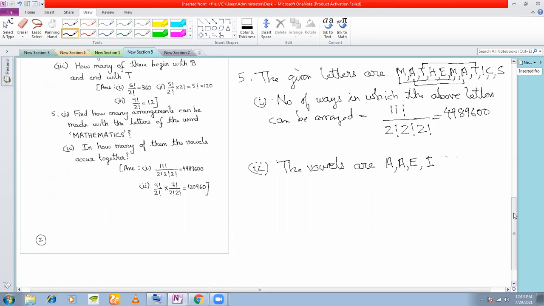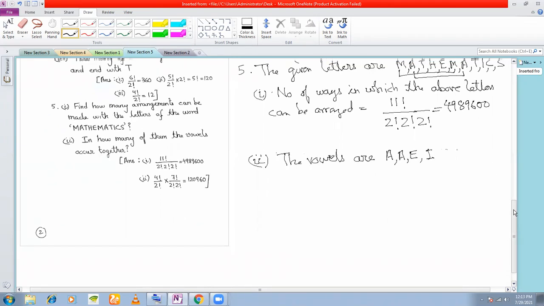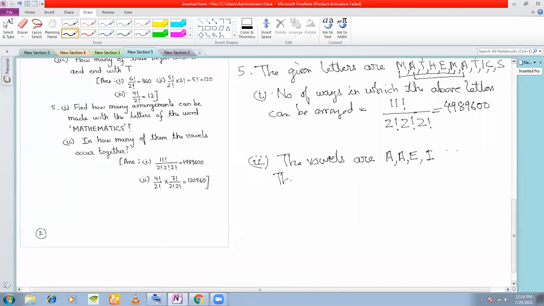So only these are the vowels. And the consonants are M, T, H, M, T, C, and S, right? Let's count the number of letters, whether it's coming to 11, in case I missed out any letter. Yes, it is 11.